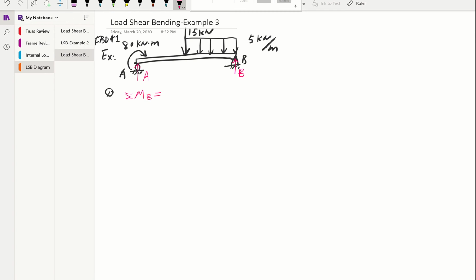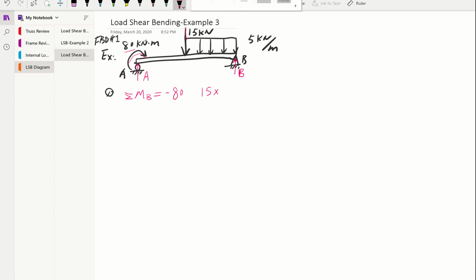Moment about B. This 80 kilonewton meter is a moment itself, so that's going to go into this equation, and since it's clockwise rotation, it's going to be negative. Then we will have this 15 kilonewton concentrated load rotating about B, and we need to give the dimension.